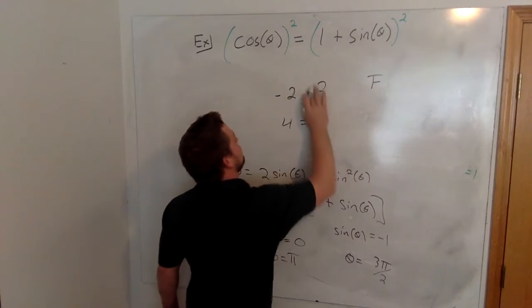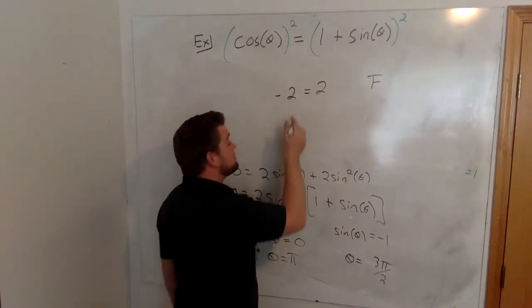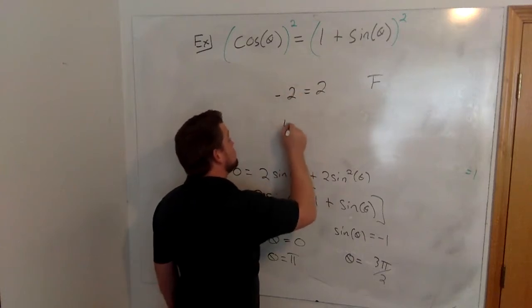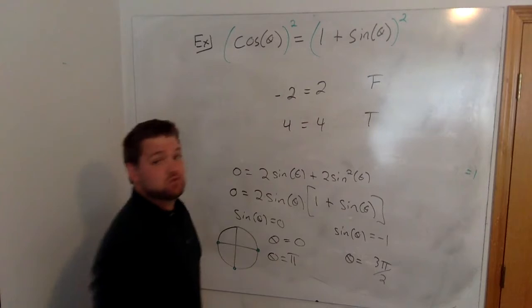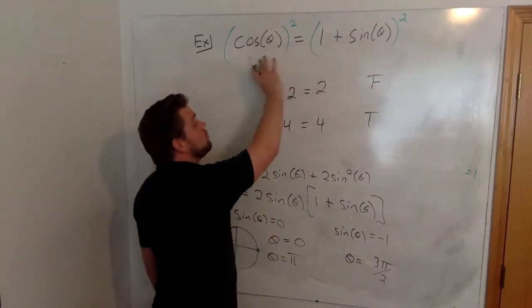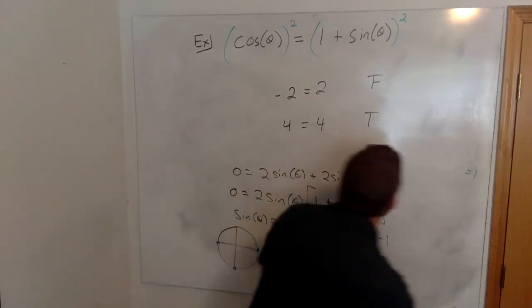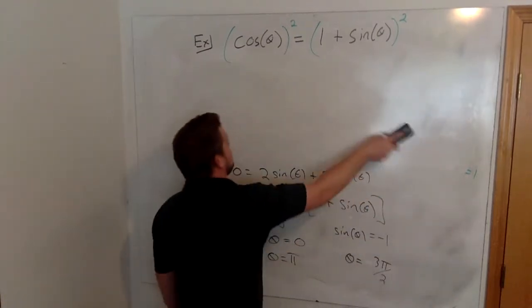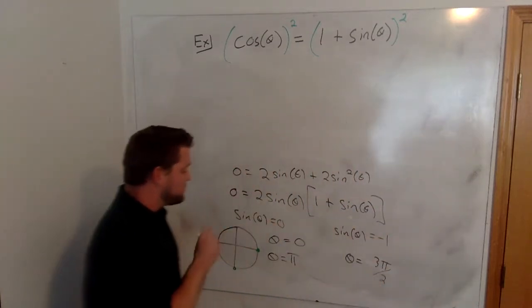If I say -2 equals 2, this is a false statement. But when we square both sides, -2 squared is 4, equal to 4. It turns this false statement into a true statement. So when we square both sides, we might accidentally be introducing an extraneous solution. So we have to check these. You always have to check. If you ever have to square both sides of an equation, you always have to check your solutions.